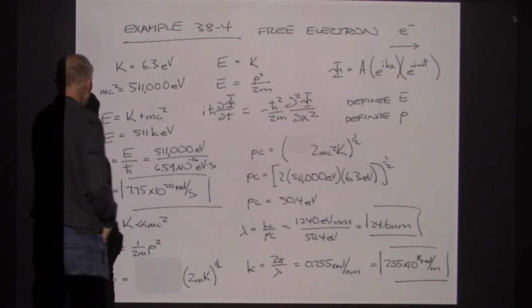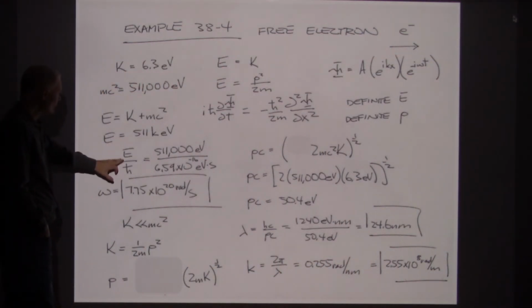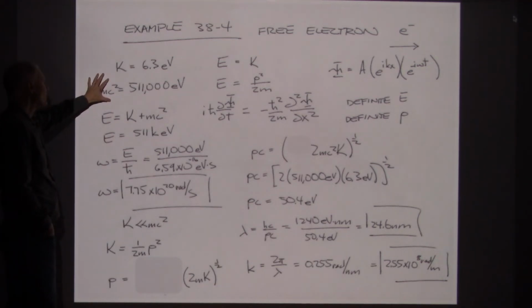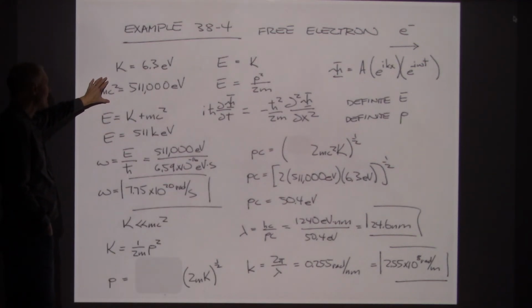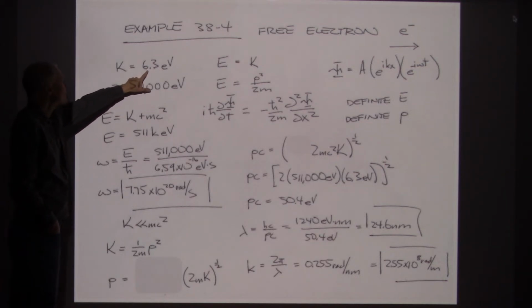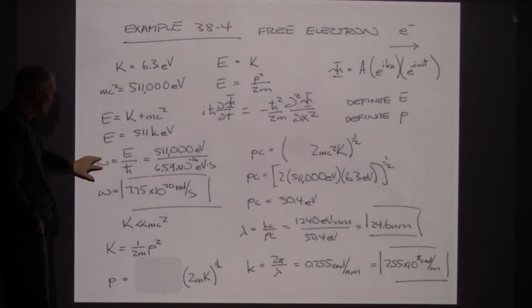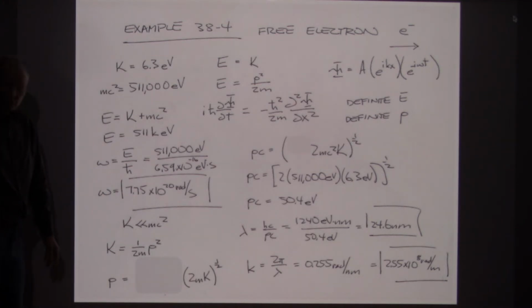Now, omega is given by the energy over h bar, and since we've studied relativity, in addition to the kinetic energy we've got to include the mass energy. In fact, mc squared totally dominates. The kinetic energy is pretty insignificant. So the frequency here is going to be 7.75 times 10 to the 20th radians per second.